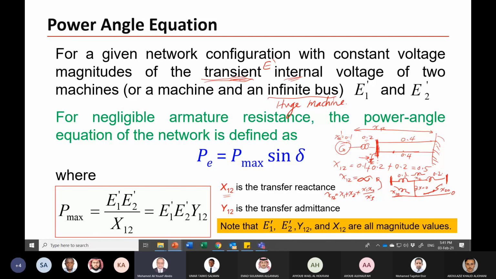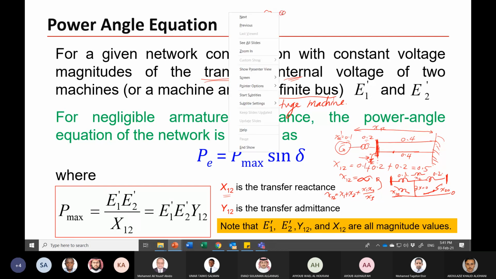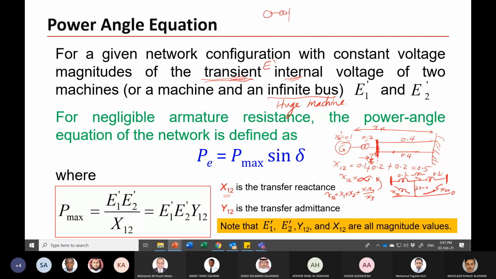If the fault occurs, for example, at the midpoint of the line, a three-phase fault, then we have 0.2 impedance and 0.2, which becomes 0.4. When you have a short circuit here, this impedance is connected to ground and this impedance is connected to ground.